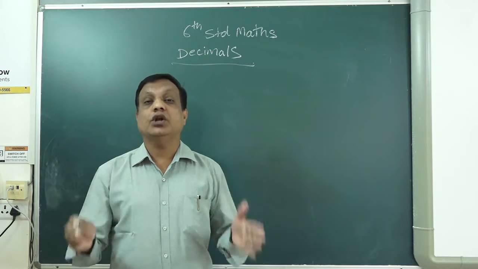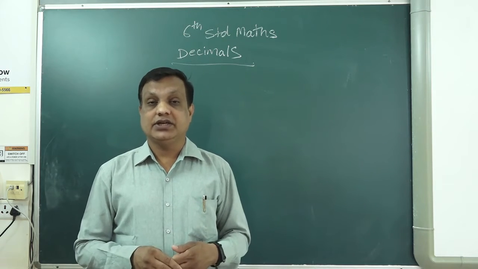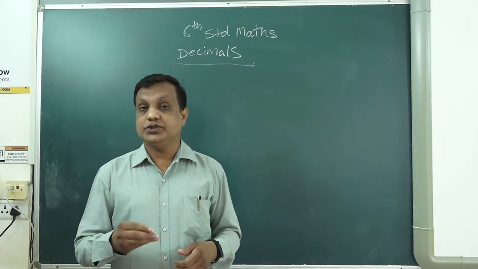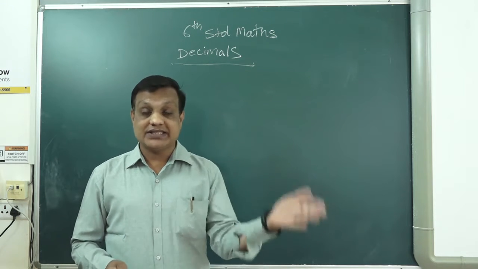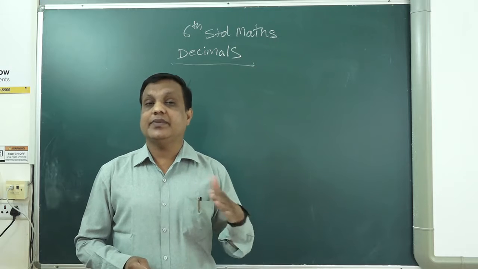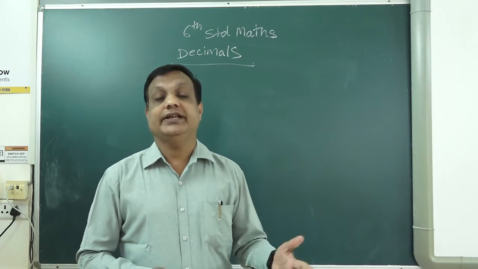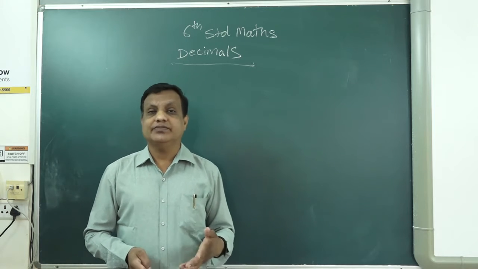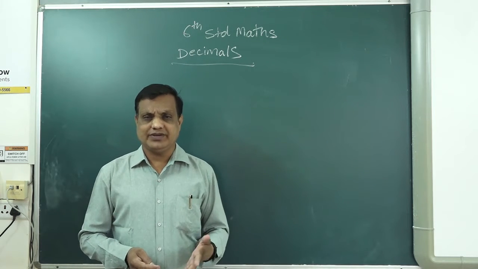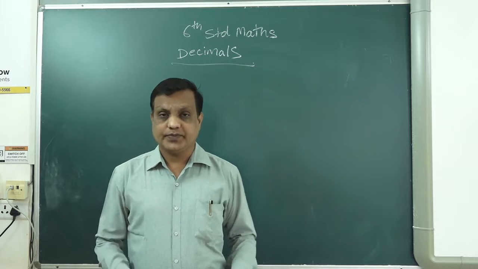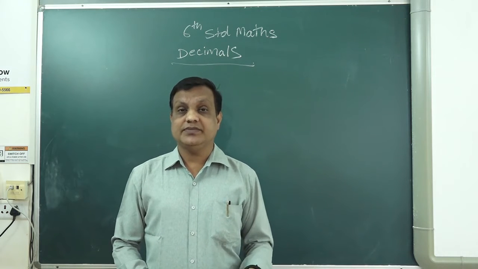But now these coins are not in use. So we have only 1 rupee coin, 2 rupee coin, 5 rupee coin. So paisas are not used in the market. At that time we used to purchase a chocolate or something for 50 paisa, 25 paisa, or 75 paisa. So today we will see actually what is decimal.